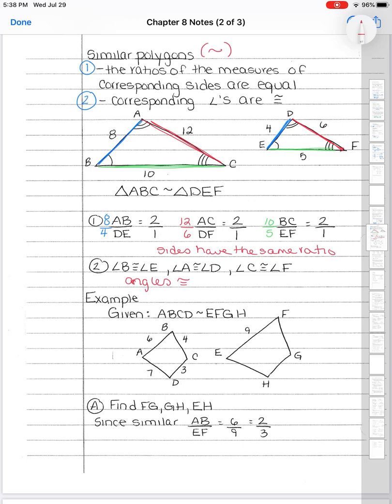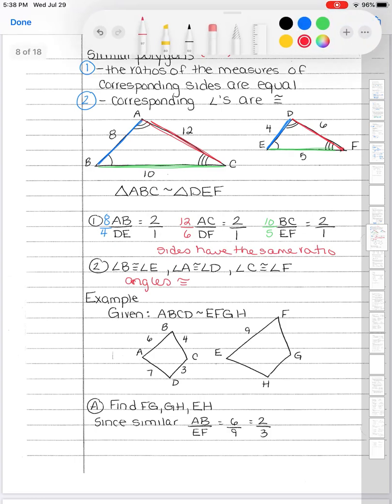So the angles are congruent right here. We can say the angles are congruent, and the sides have the same ratio. Given that those two things are the case, you can then say the triangles are similar.